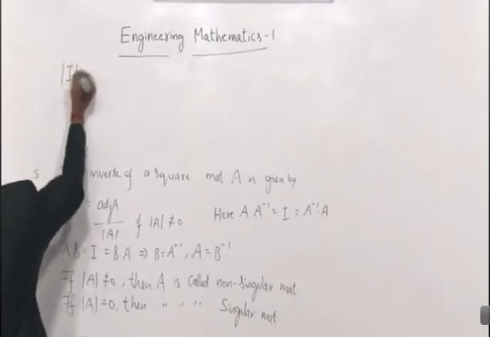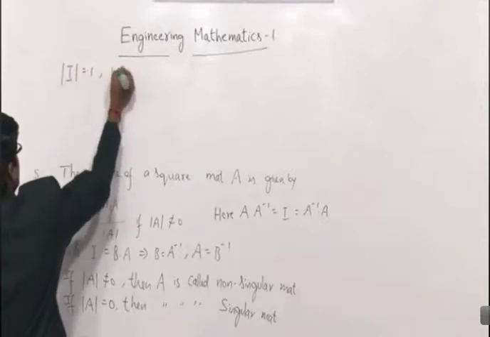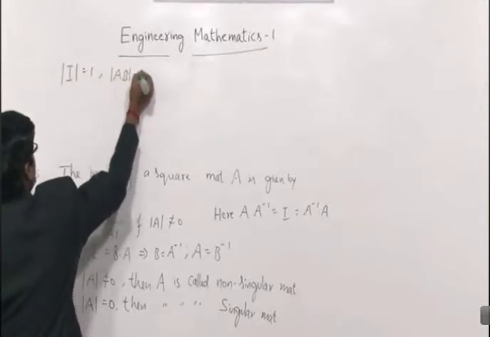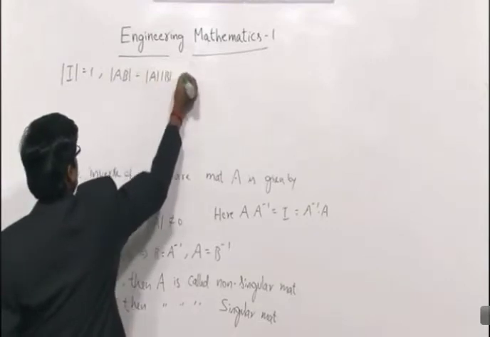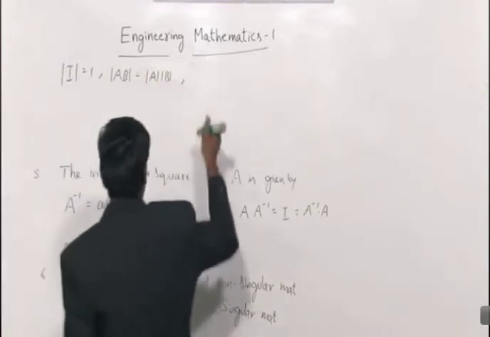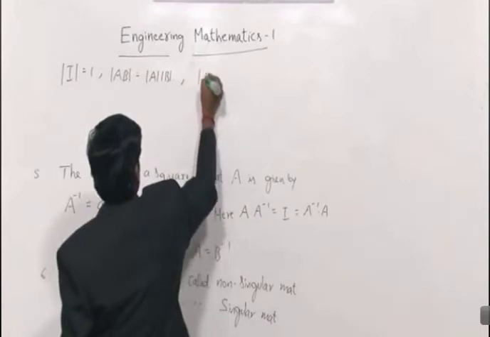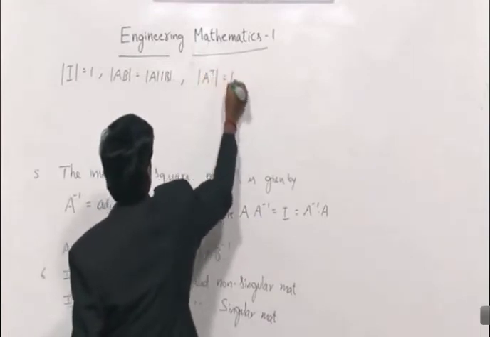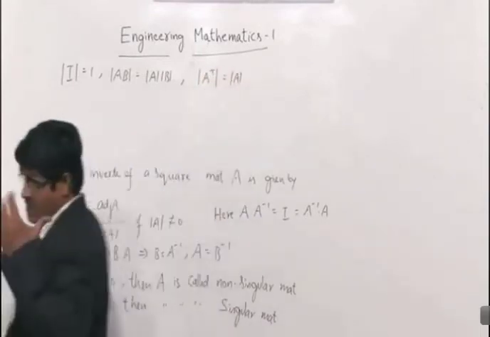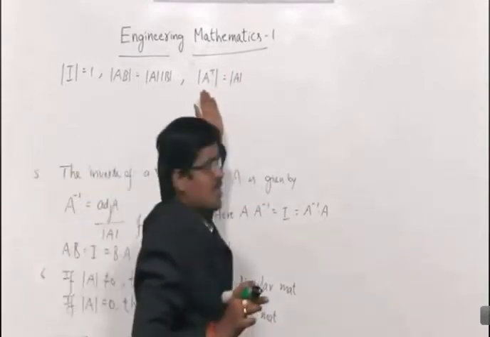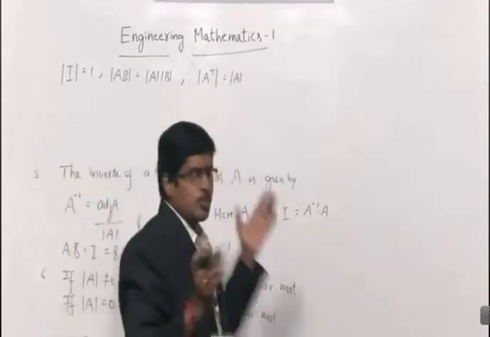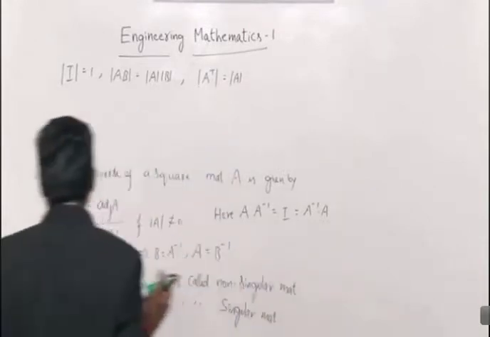Determinant of the unit matrix is 1. Determinant of AB is equal to det A into det B. The determinant of the product is equal to the product of their determinants. A and A transpose have the same determinants. I already showed you the 2 by 2 matrix determinant formula. Find that matrix's transpose and check these things with any 2 by 2 matrices. Now I will show the procedure for all these things.